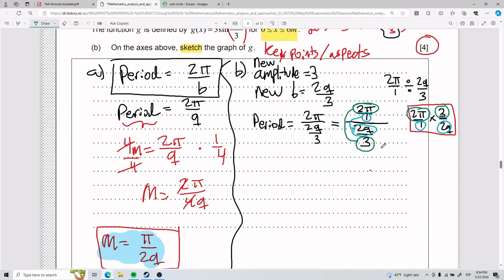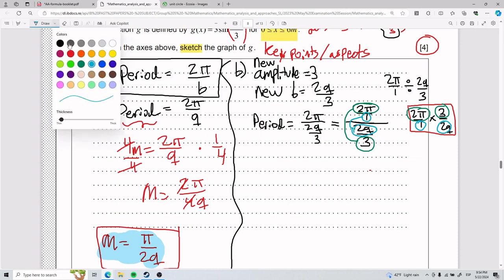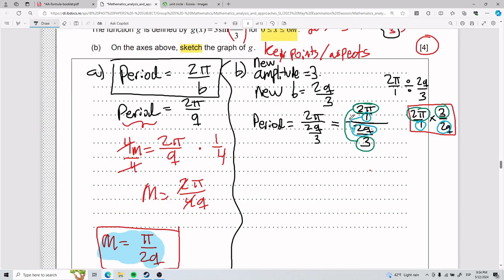Interesting. And so you can just do the edges times the edges and the inners times the inners, and you get the same result. And so that's how I like to do it. I think about the edges times edges and the inners times inners for big fractions. Okay, whatever, to each their own.